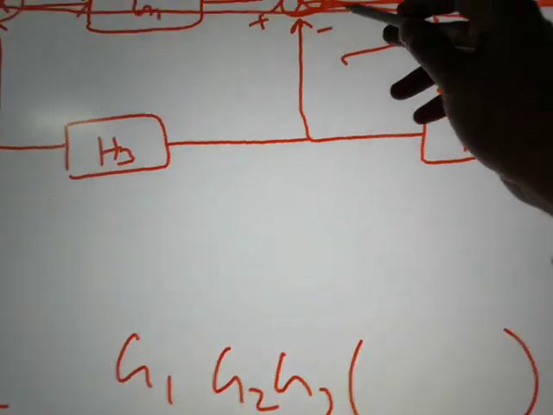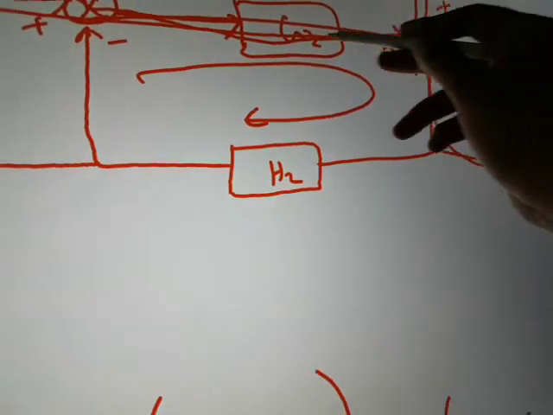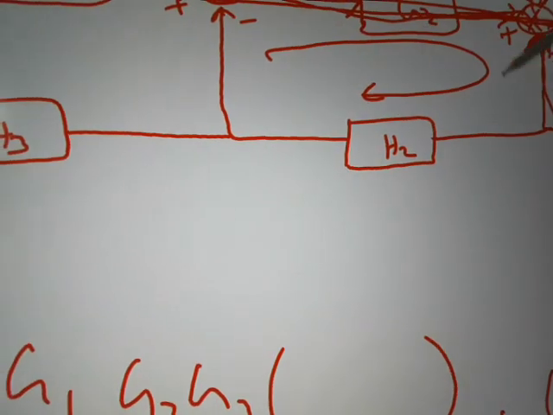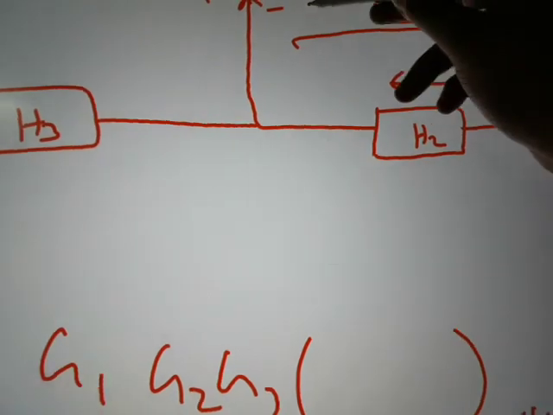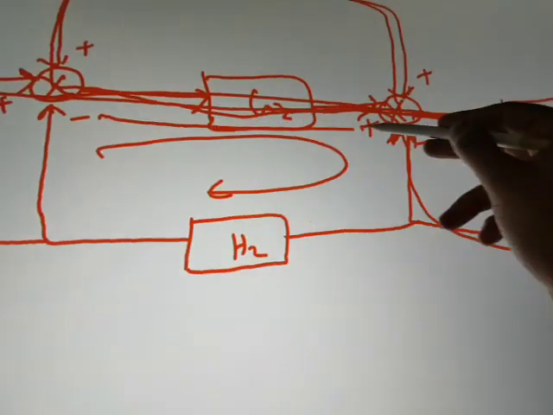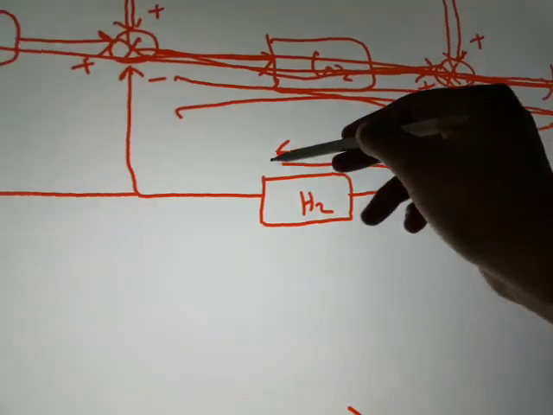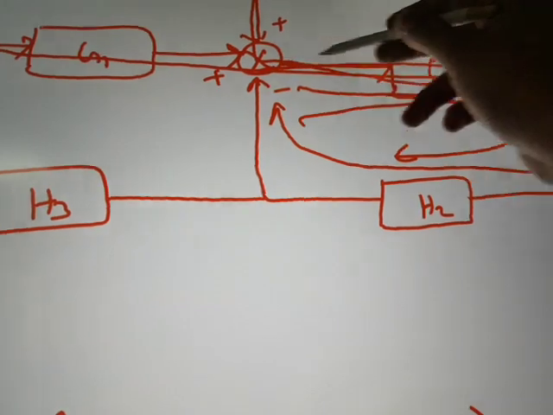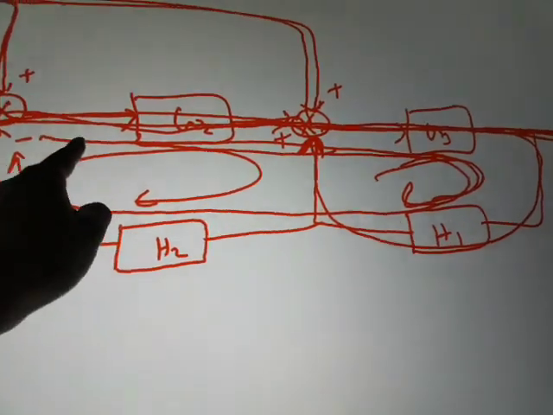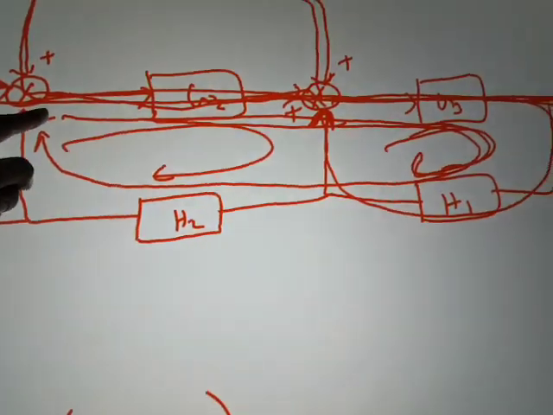Another loop will be this: G2 G3 H1 H2, we come back to this node.